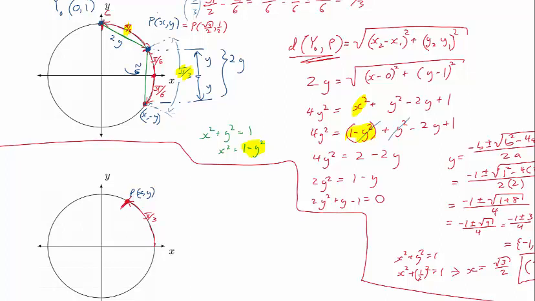Now, if this distance here is now pi over 3, in order to get all the way up to this point here, that's going to be another pi over 6. And then if we go another pi over 6 over, that'll be kind of symmetrical here.